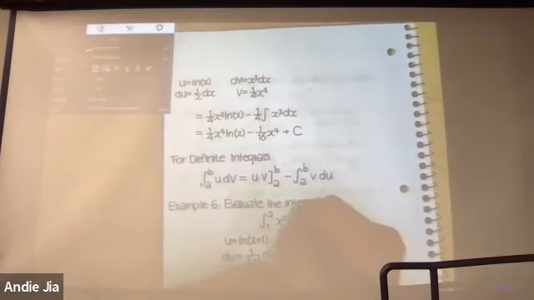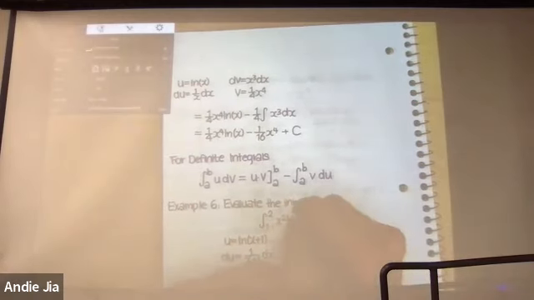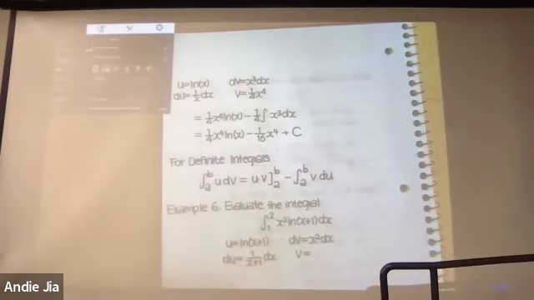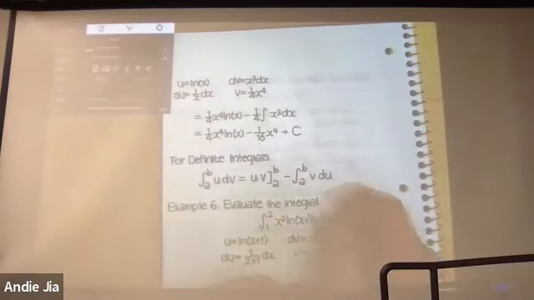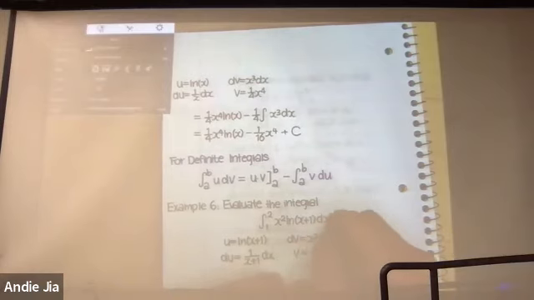And dv is x squared dx, so v is one over 3 x cubed.